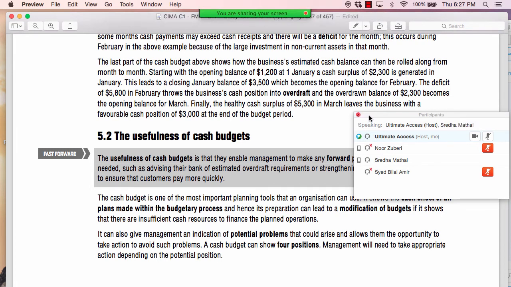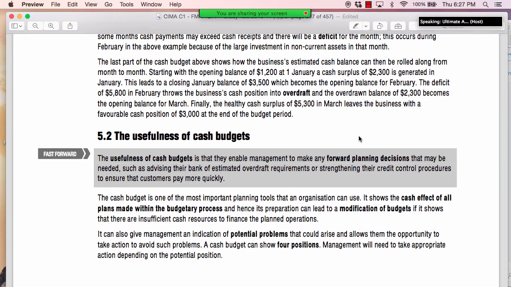So in this case, they're very clearly saying the usefulness of cash budgets is that they enable management to make forward planning decisions that may be needed, such as advising their bank of estimated overdraft requirements, or strengthening their credit control procedures. So what does that mean? I can tell my bank in advance, look bank, I need another 100,000 overdraft facility for the next 3 months. After that, I'm sorted, right?